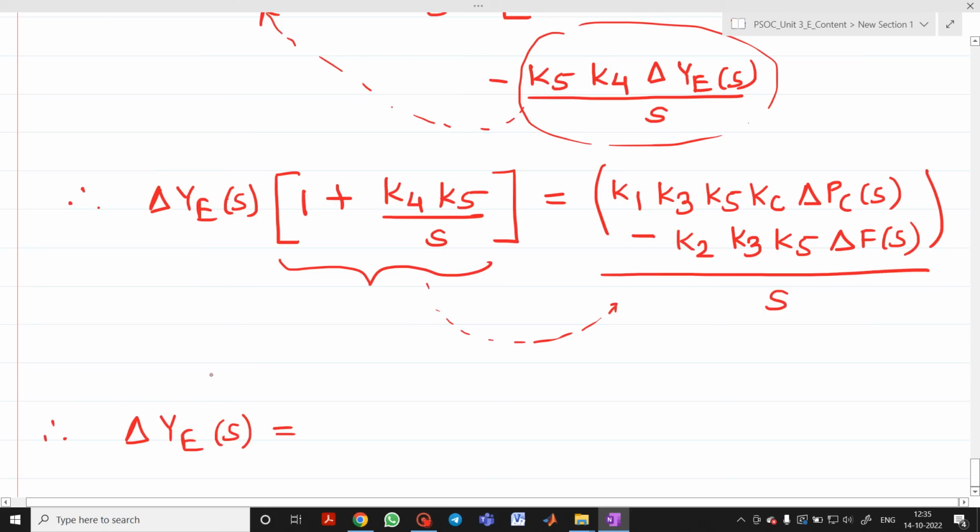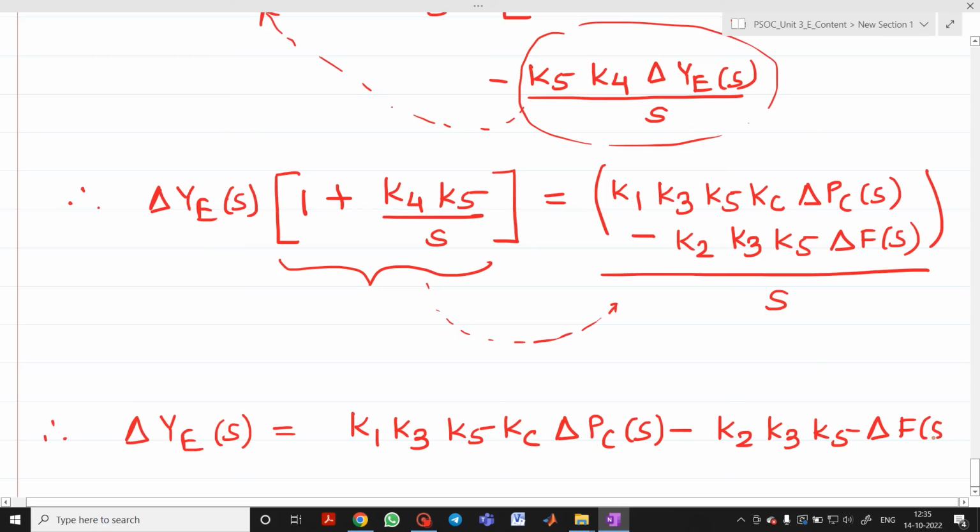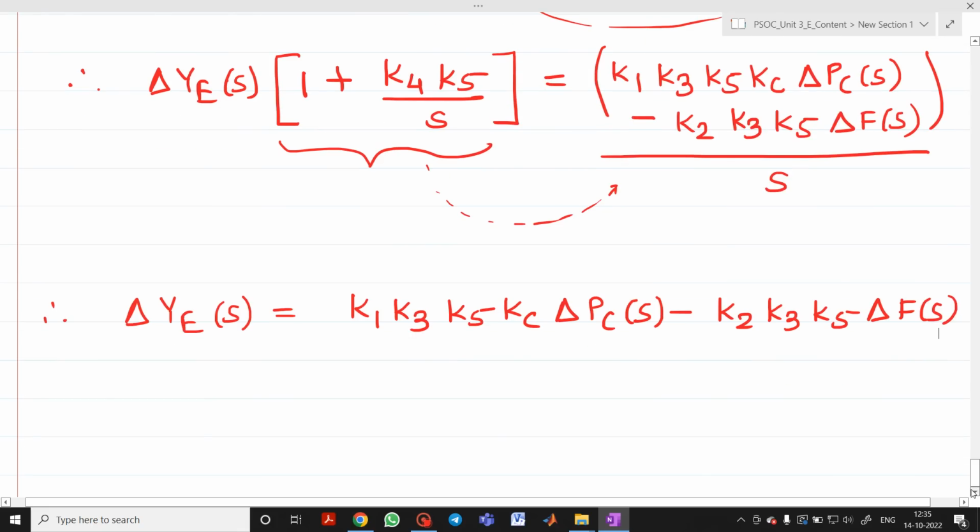So how can we write it? The numerator will be as it is, k1, k3, k5, kc, delta pc of s minus k2, k3, k5 into delta f of s, whole divided by s as it is, and I am shifting this towards the right hand side.